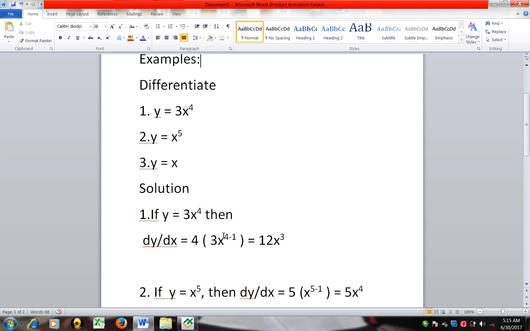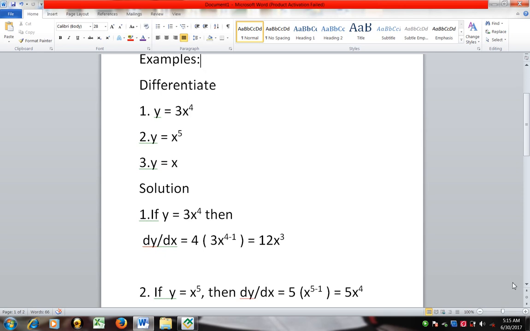We always subtract 1 from the original power. So the power was 4, but now it will become 3. Now to open the bracket, we say 4 times 3, that gives us 12. So if y is 3x raised to power 4, dy/dx will be 12x raised to power 3.